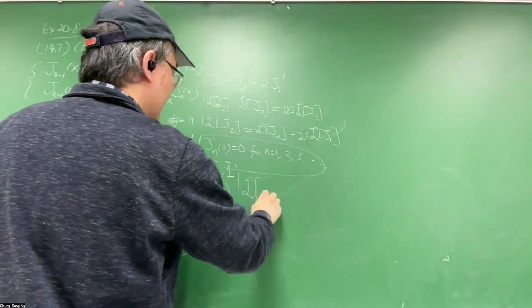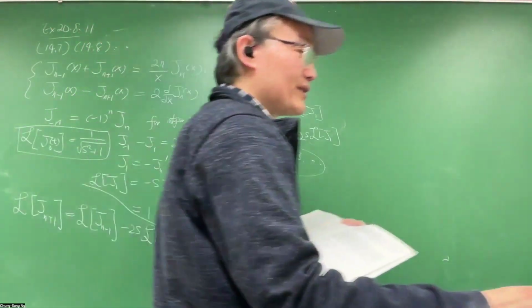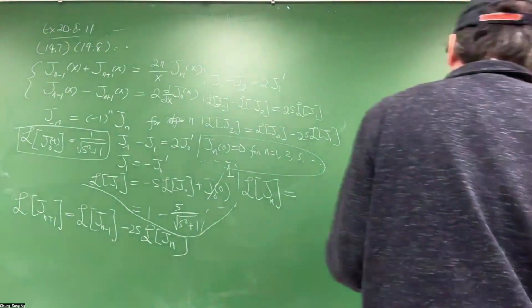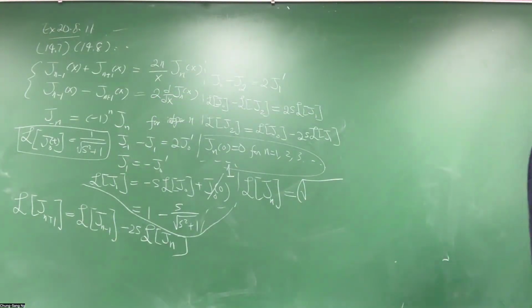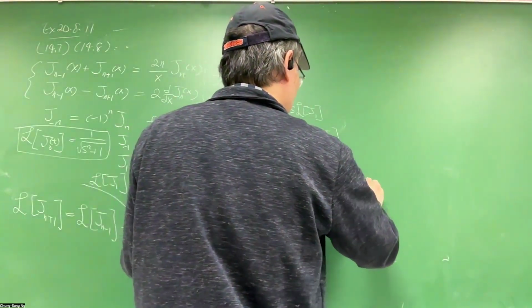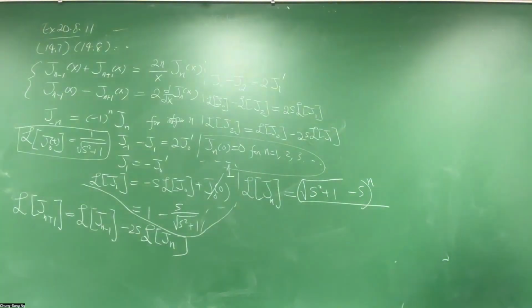But if you know the answer or guess the answer, you can check it by induction. This is with the square root of s squared plus 1, minus s, to the n power, divided by the square root of s squared plus 1.